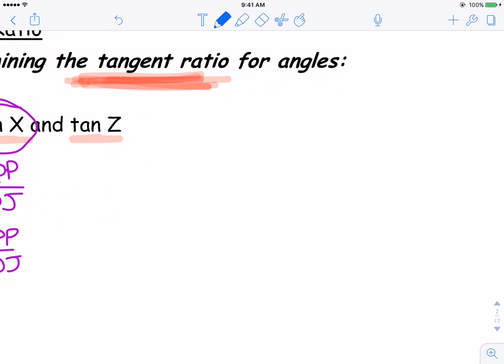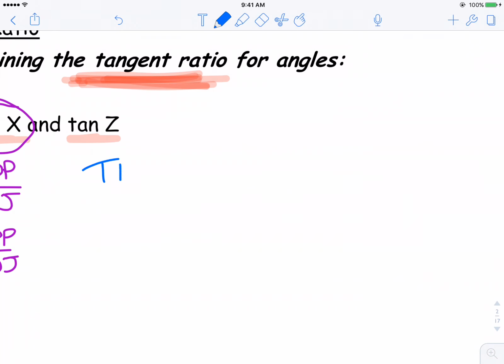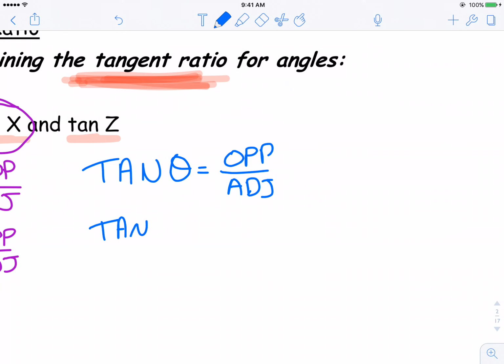If we're looking for tangent of some angle, I know it's opposite over adjacent. I'm looking for tangent of z, which is still opposite over adjacent.